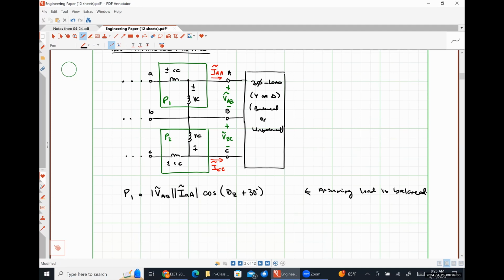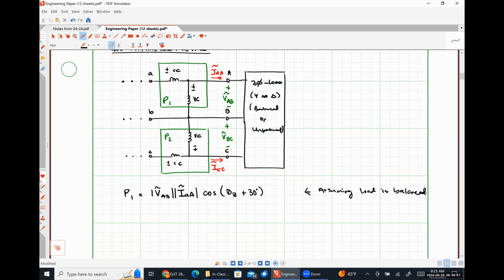So we know that if we have a Y connected load, the line voltage VAB and the phase voltage VAN are related to each other by a factor of √3 angle 30 degrees.